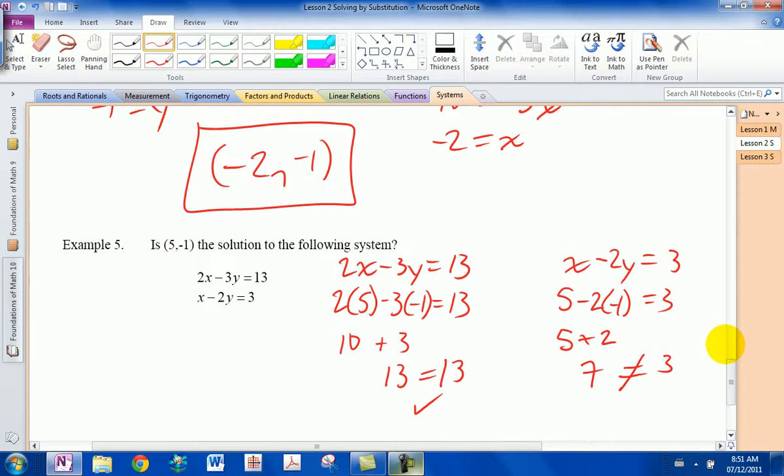Did you guys get something different? So what do you guys think? What's funny here? First one, 13 equals 13. Is that good?